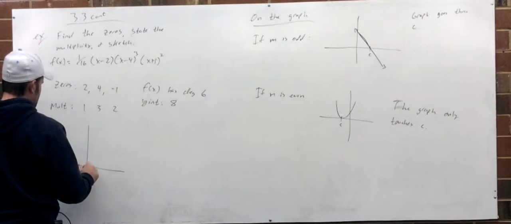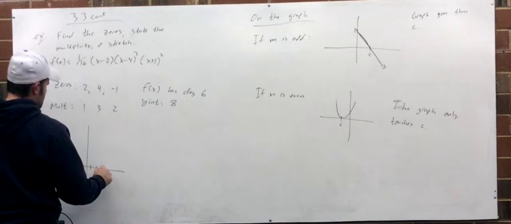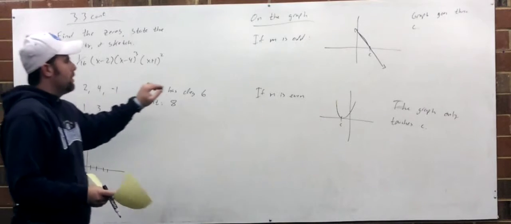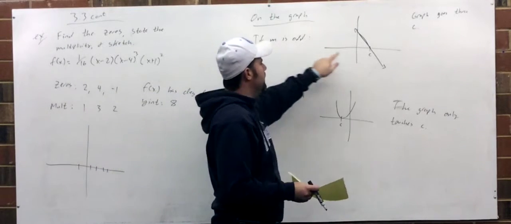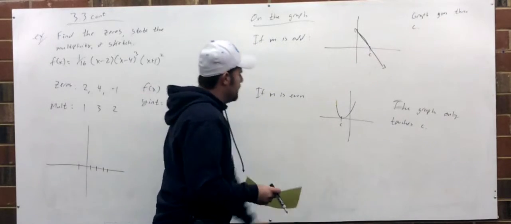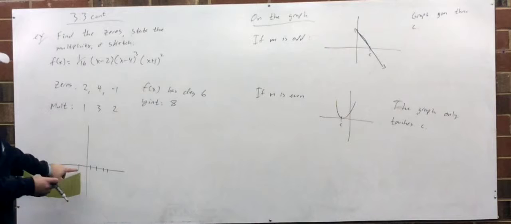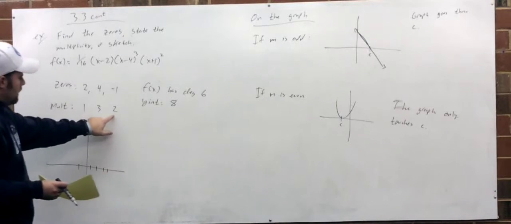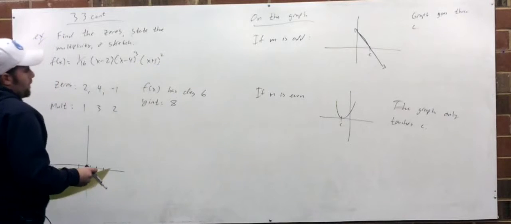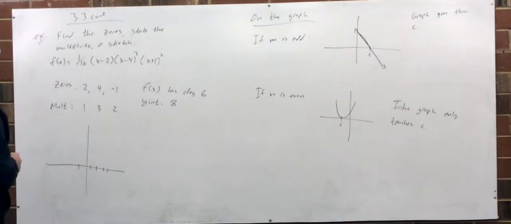We've got a negative 1, a positive 2, and a positive 4. We know these are our zeros. Now, go back over here. If m is odd, we know that the graph has to go through that point. If m is even, it only touches that point. So let's start with negative 1. Well, at negative 1, we have multiplicity that's even. So we know it's only going to touch the point at negative 1 and not go through.